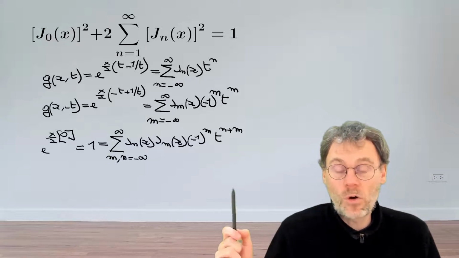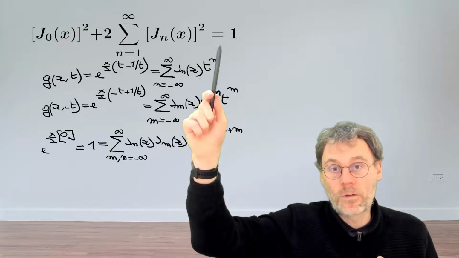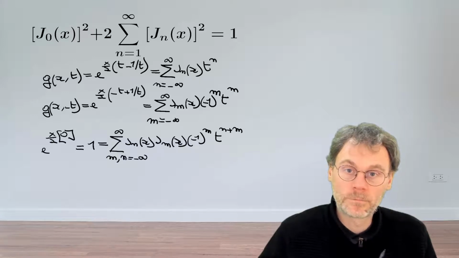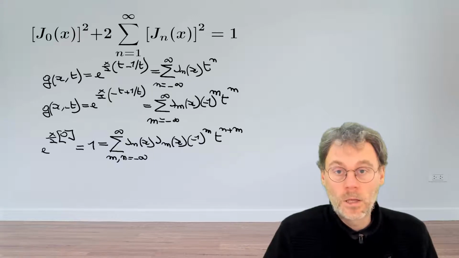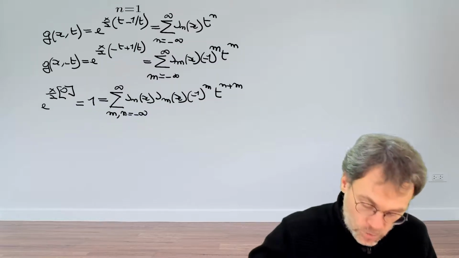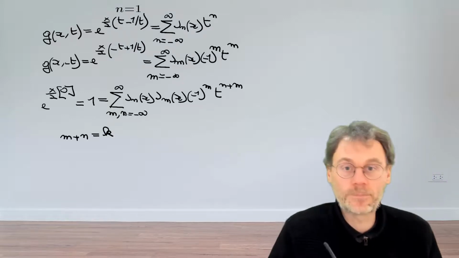So pause the video and try and collect like powers of t in order to prove that equation over here. The substitution we need to do is obviously n plus m equal to k. So m plus n equal to k.